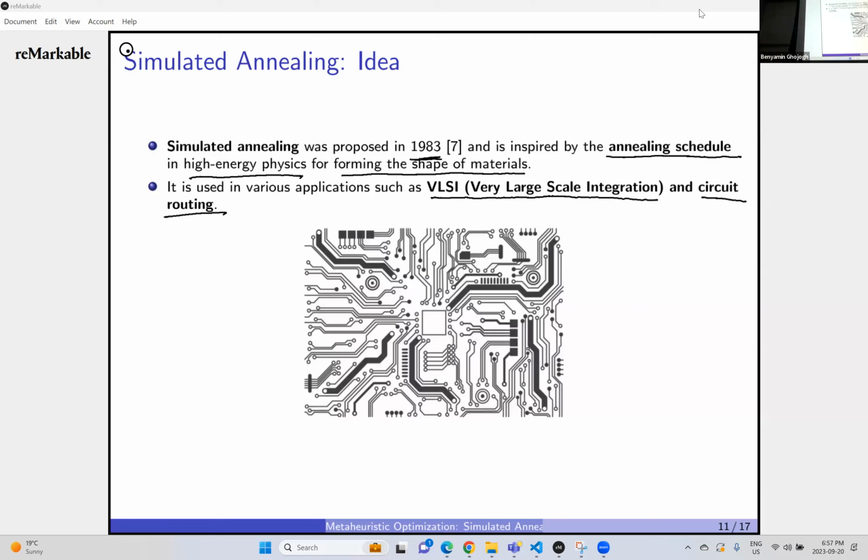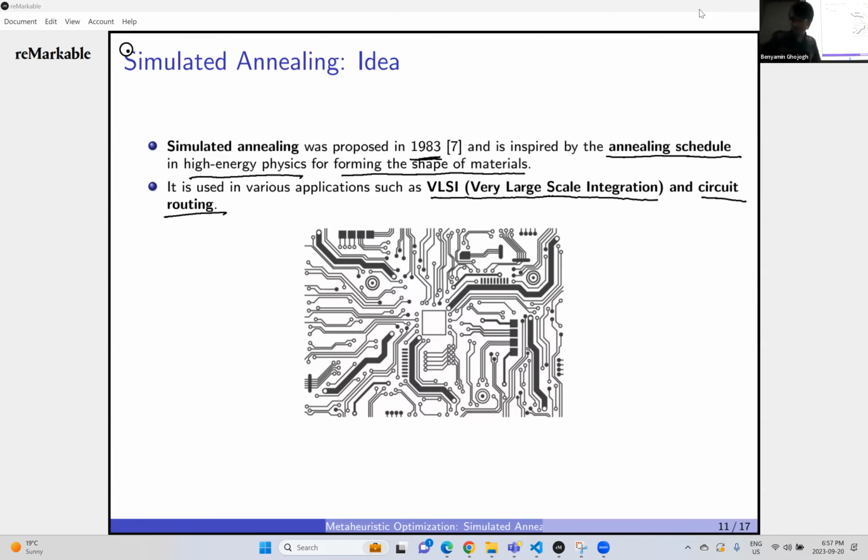VLSI is, have you seen ICs? Integrated circuits. Our computers, motherboards, there are a lot of ICs there, right? So if you zoom into the IC circuits, you can see some pattern like this. These are just wires between different things, right? But they're very tiny, and we need to optimize these. Why?